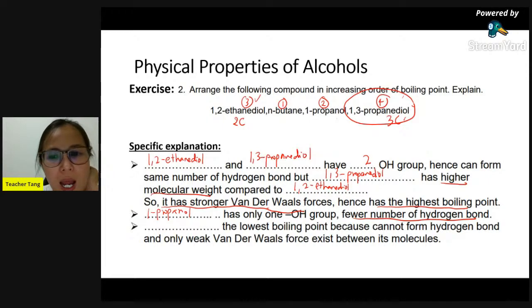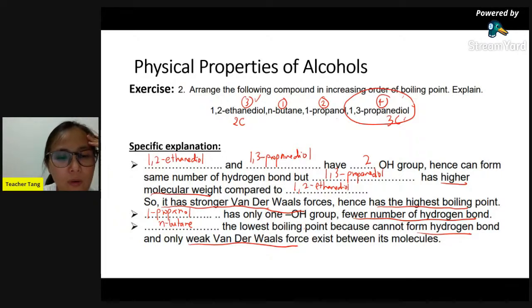Okay, and then the one with the lowest boiling point is N-butane. Why lowest boiling point? Because it is a non-polar molecule, it only has weak London dispersion forces, weak van der Waals forces. It cannot form hydrogen bonds between molecules, that's why lowest boiling point. So that is how you explain specifically. N-butane, lowest boiling point, because it can only form London dispersion forces between molecules.